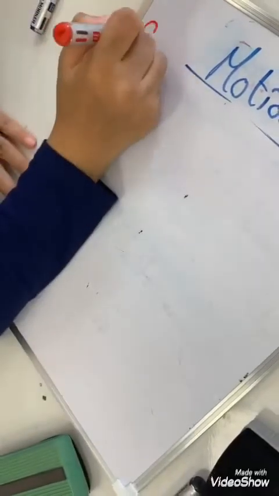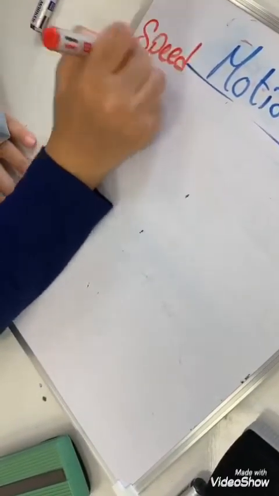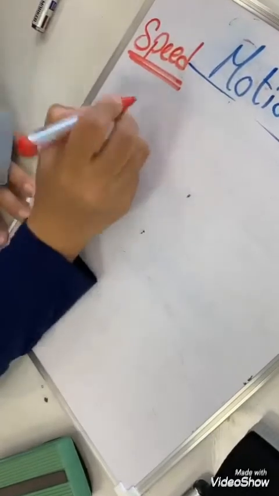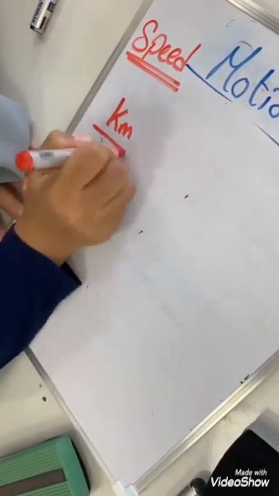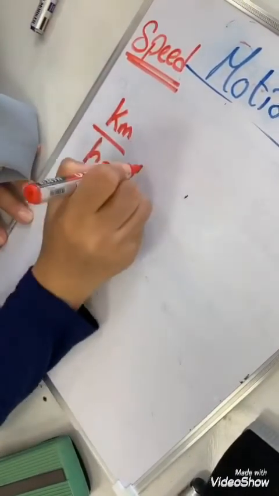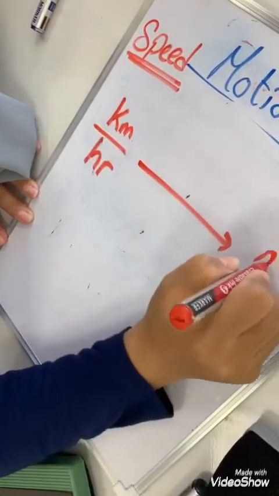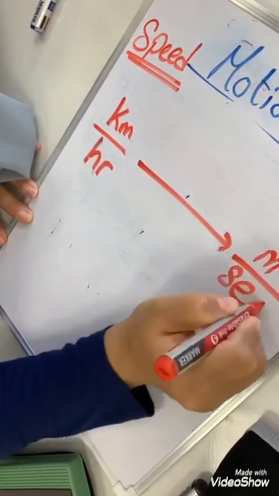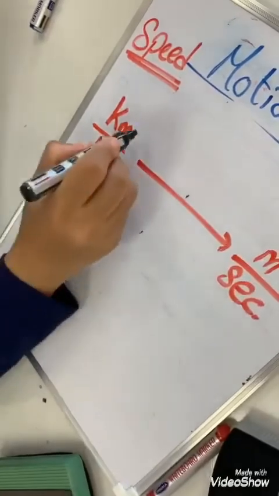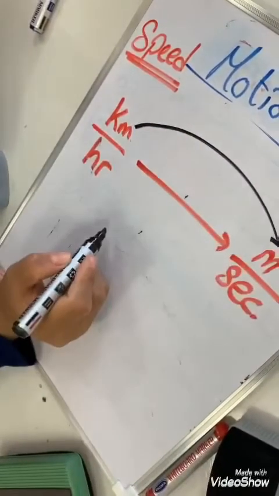Motion, I will put here speed because we are talking about speed now. So when I need to change from kilometer per hour to meter per second, how can I change from kilometer to meter?